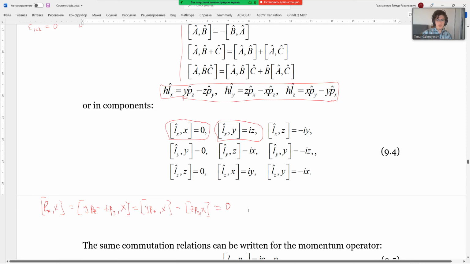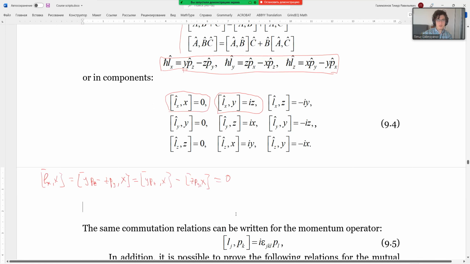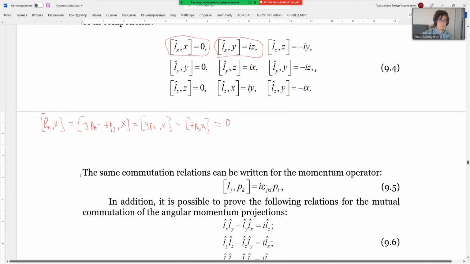So what about the next one, [Lx, y]? Lx y equals y pz minus z py, y.